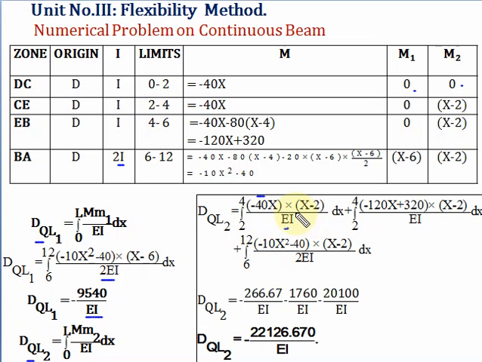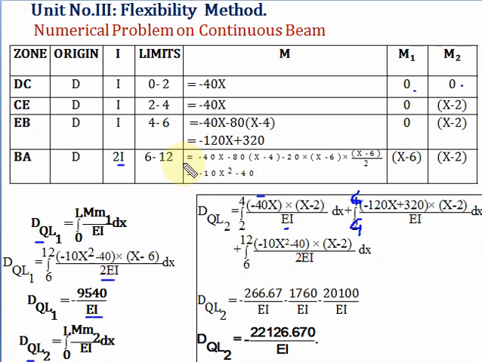We have put the value of M, M2, and also the value of EI, and also the limits. Now next, for zone EB, the value of M is minus 120x plus 320, the value of M2 is x minus 2, and the value of EI for zone EB is EI. The limit is 2 to 4. Here the limits are wrong. It should be 4 to 6, into dx.